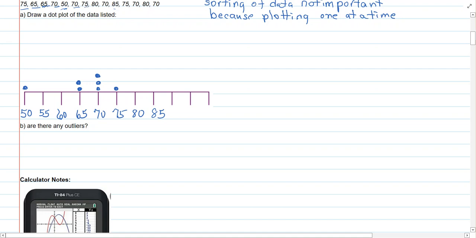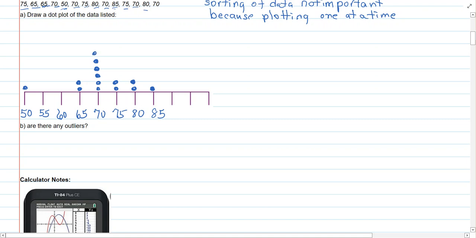Then an 80, a dot right there. Another 70, another dot. An 85, a dot there. A 75, a dot there. Another 70, a dot there. An 80, a dot there. And the last one is a 70.